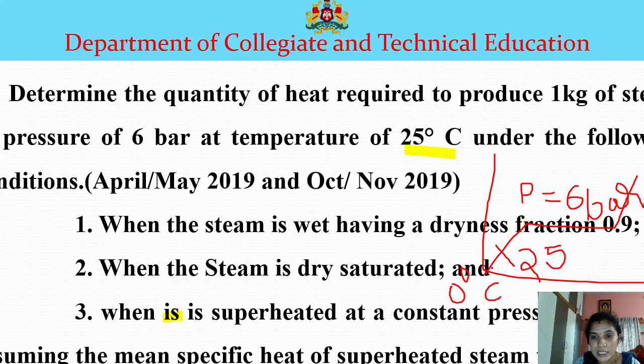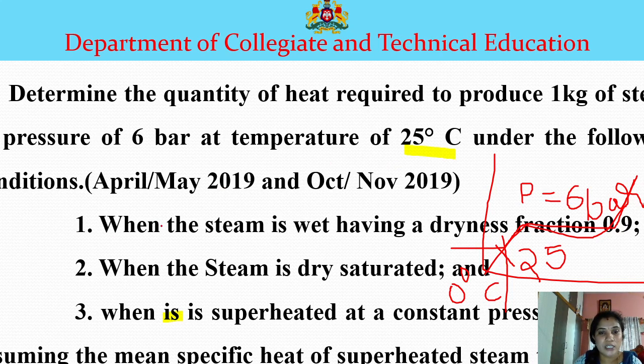We are not considering from 0 degrees Celsius, we are considering from 25 degrees Celsius. That is the quantity of heat required to heat water from 25 degrees Celsius to whatever condition. They have given 3 conditions that we need to find out. But remember, it is not from 0 degrees Celsius.